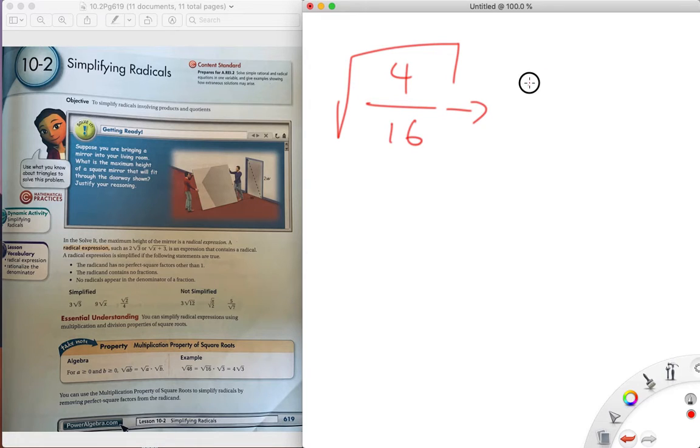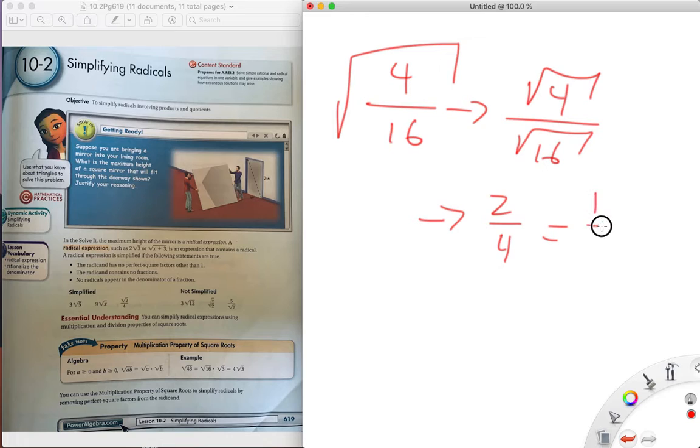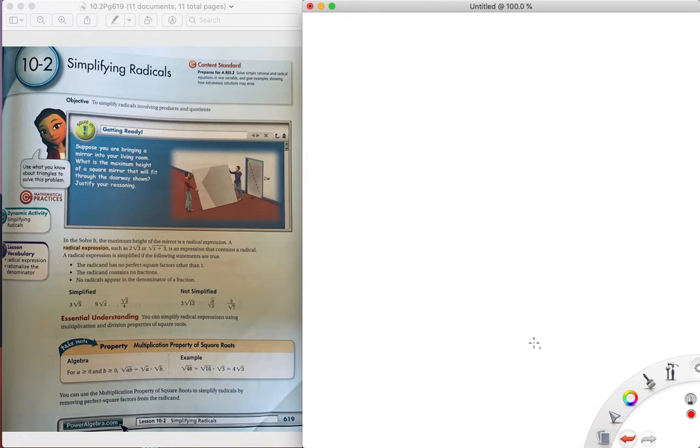You can separate it out separately and then turn it into that. That's one avenue. Or you can divide out the fraction also and then simplify it that way.